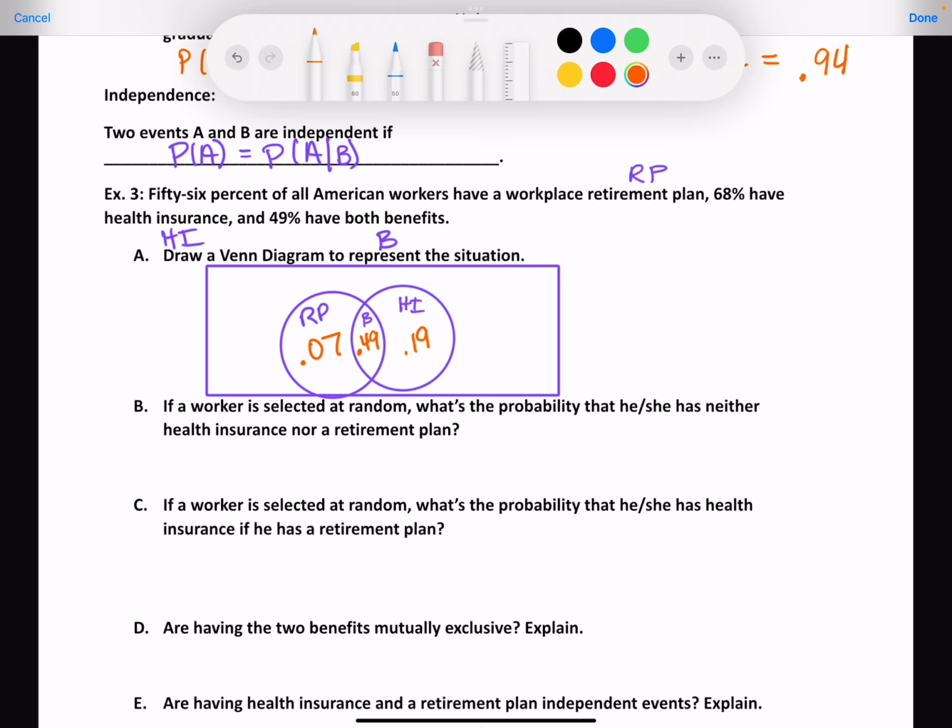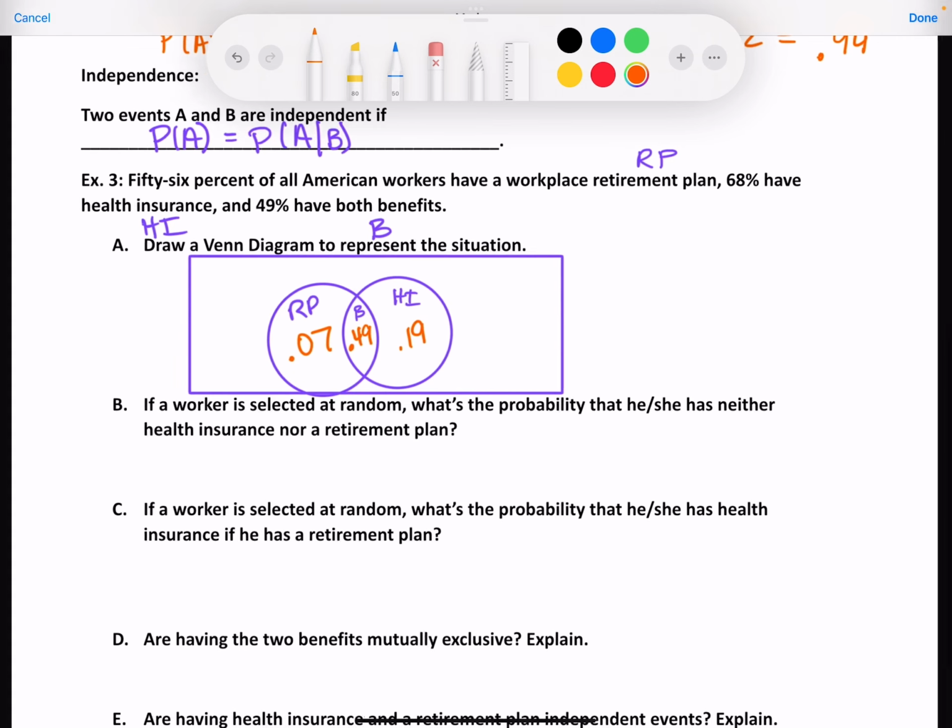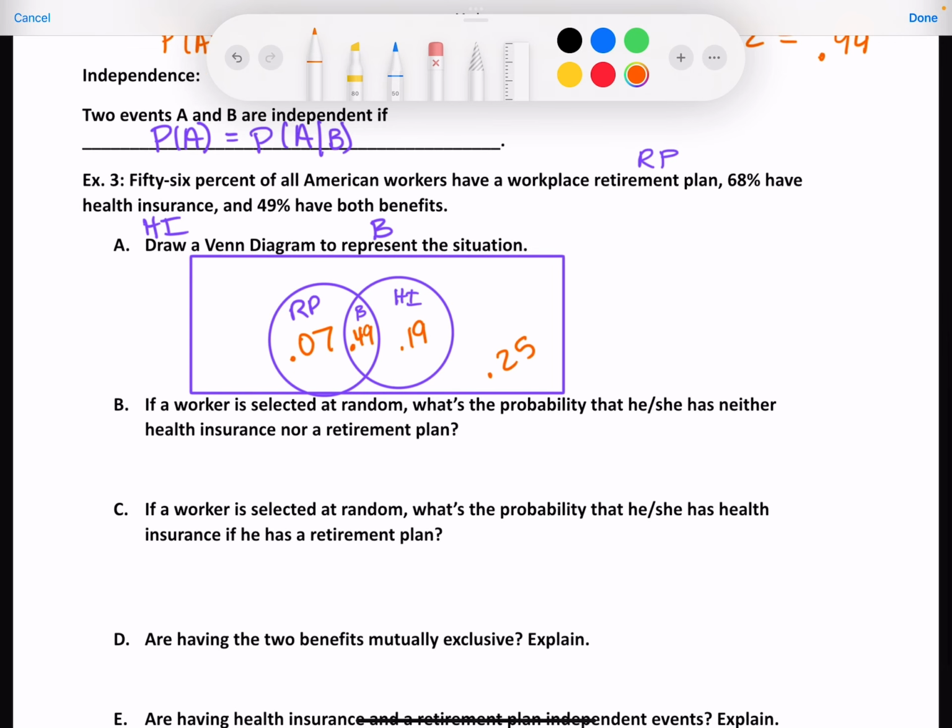7 plus 19 is 26. 26 plus 49 is 75. I got 0.85 doing it in my head, but you have to add up everything in the circles and do 1 minus that.